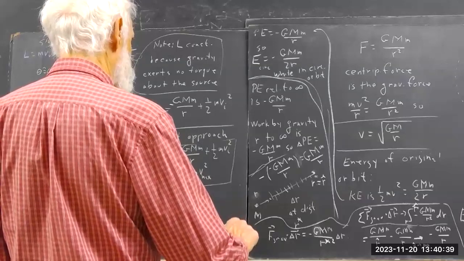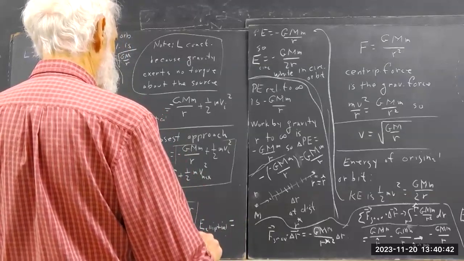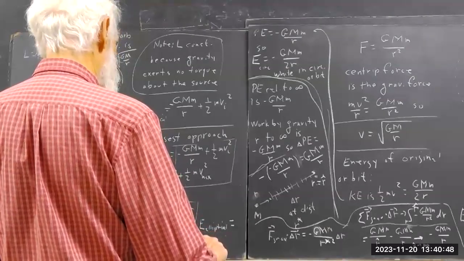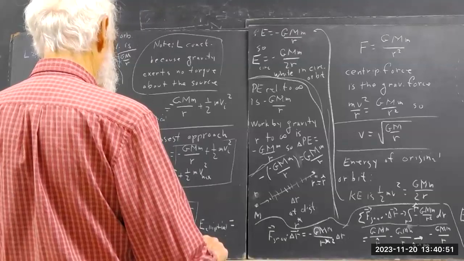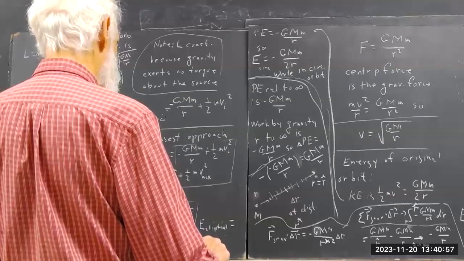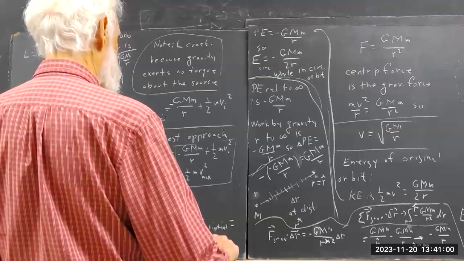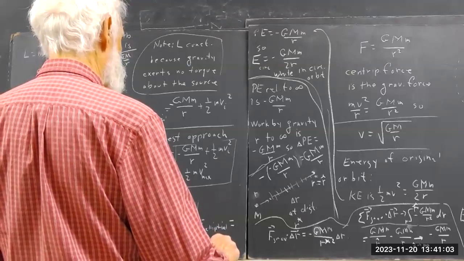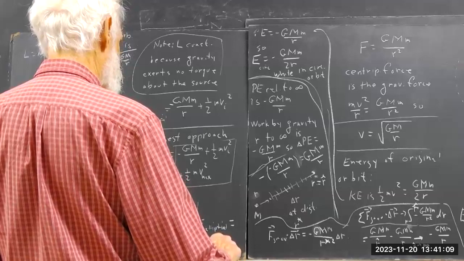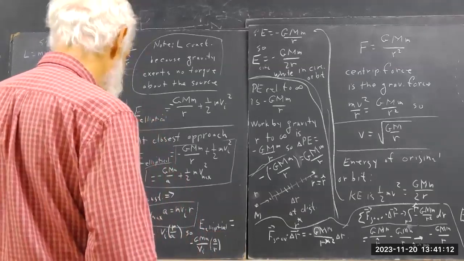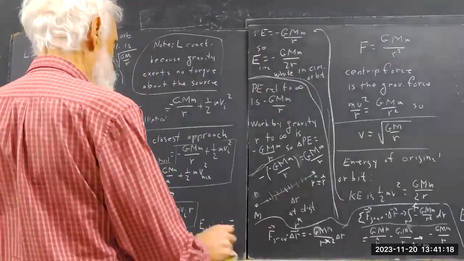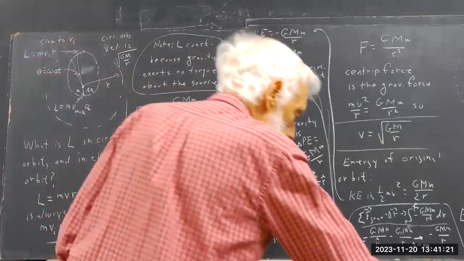So your elliptical energy is negative big G, big M, little m, over V high times A over R. And what I did was I just substituted the expression for V max for A. I got something that I was wondering, what in the world does that mean?